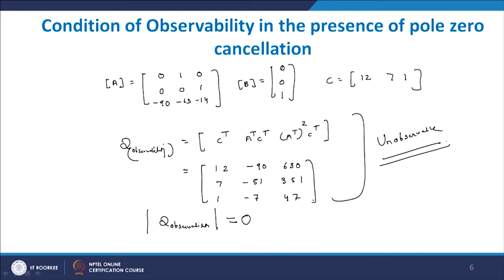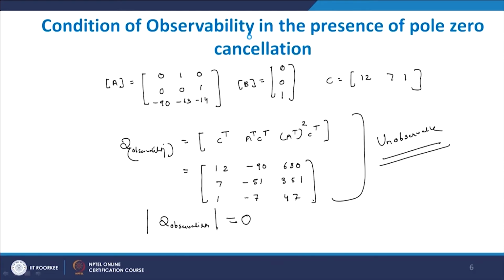Now we convert this given state space model into a transfer function. We will find that the transfer function of this system is s square plus 7s plus 12 divided by s cube plus 14 s square plus 63s plus 90.